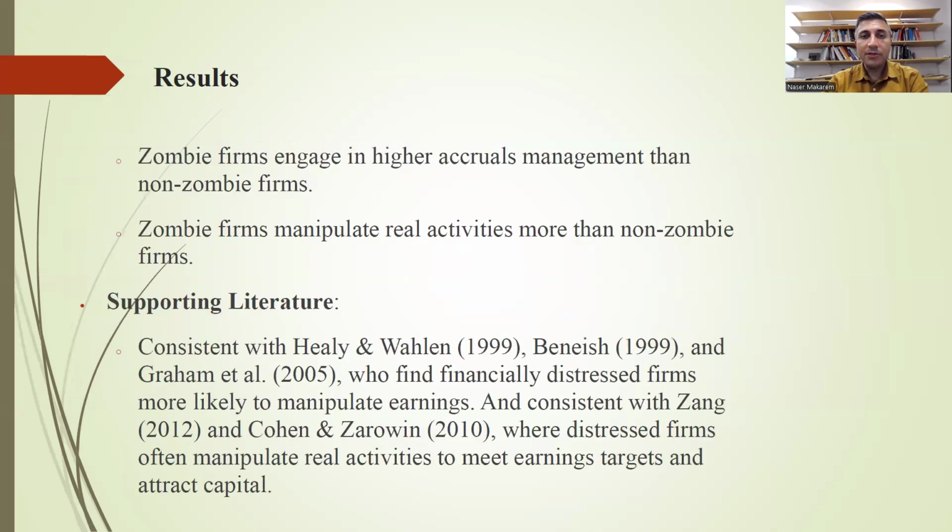So basically, our results indicate that zombie firms are engaged in income increasing earnings management in terms of both accruals management and real activities manipulation. So these results are in line with prior studies like Healy and Wahlen 1999, Beneish 1999, Graham et al. 2005, and they suggest that financially distressed firms are more likely to engage in earnings management, which is in line with what we found.